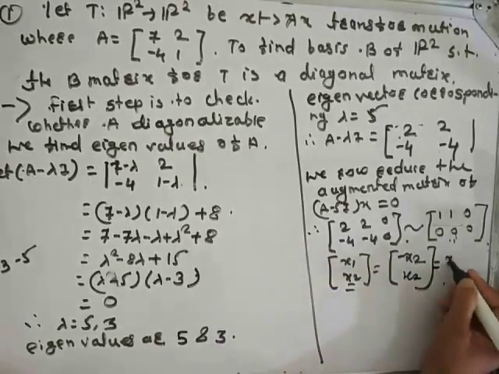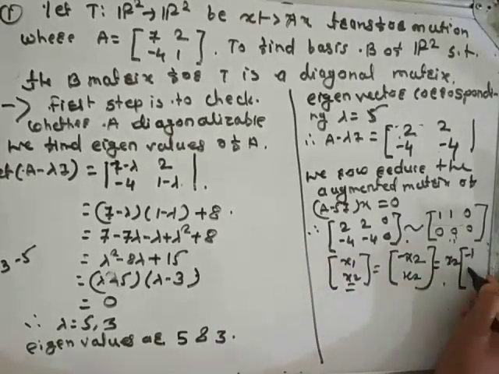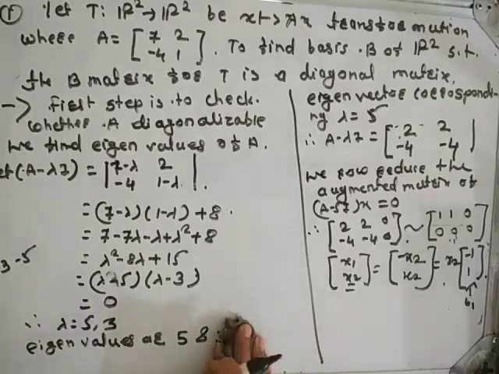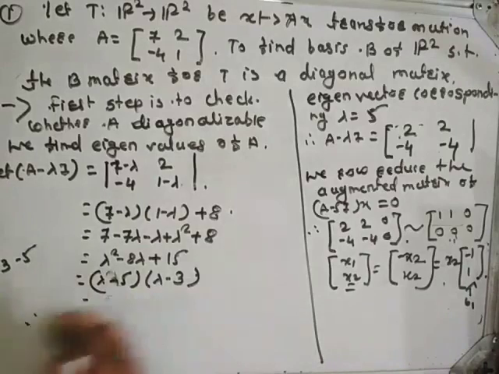So this is nothing but x2 into the vector minus 1, 1. Suppose this is the vector b1.